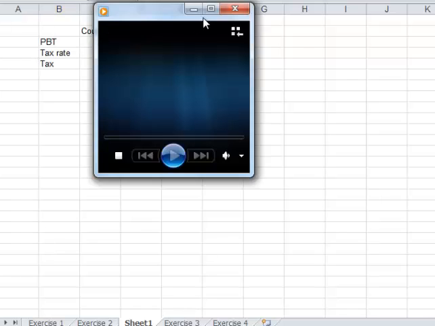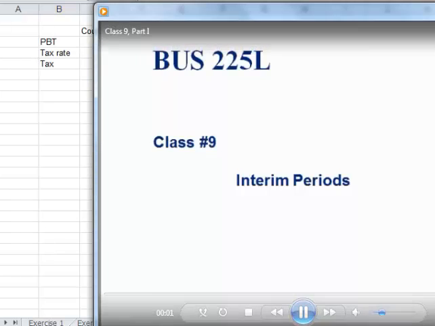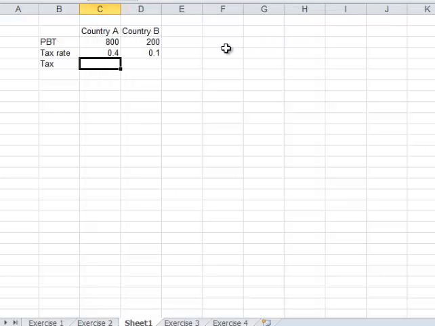If I was calculating my annual tax, I would take my forecasted annual income of 800 times my tax rate.